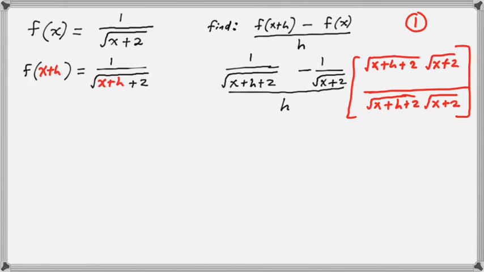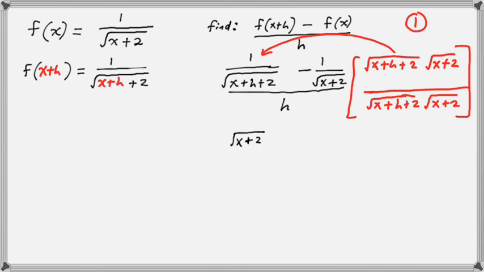Now, when I multiply here, two things are going to cancel. And what remains? The radical x plus 2. So you're left with radical x plus 2.